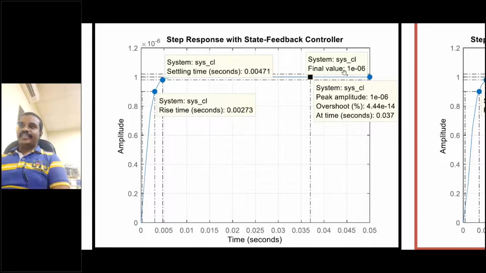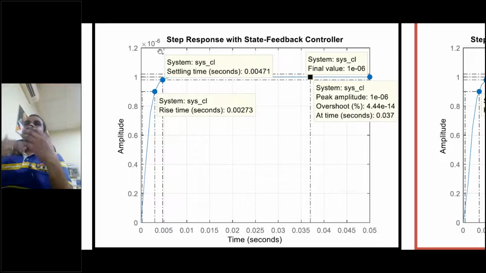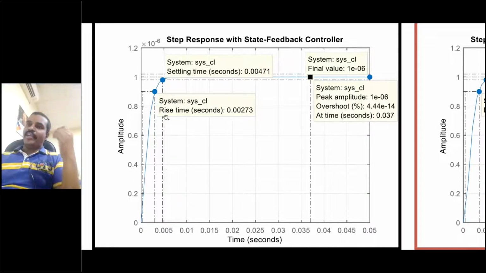But here you can see that the final value is 1 into 10 to the power of minus 6, which is very small, approximately 0. So my steady state error is 100%. You can see that from here as well. This range is 1.2 into 10 to the power of minus 6, very small. I want the system to go to 1, but all other things are satisfied.